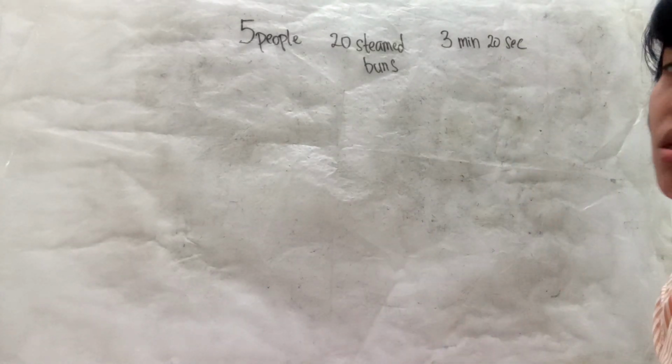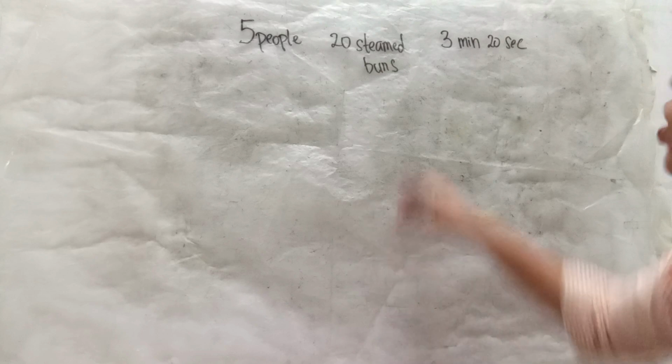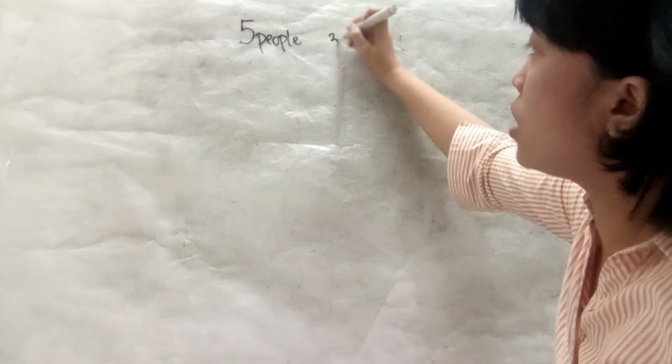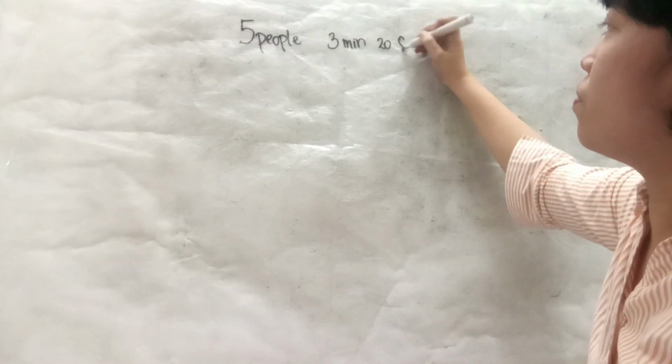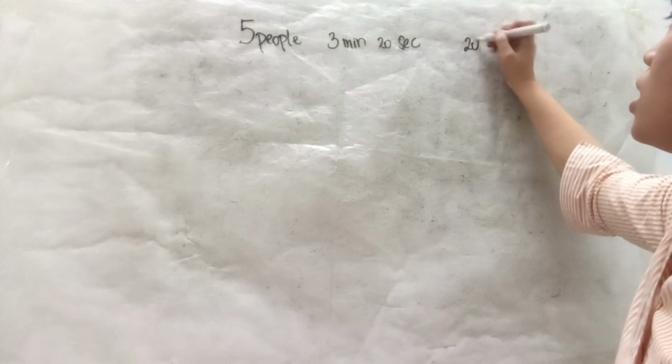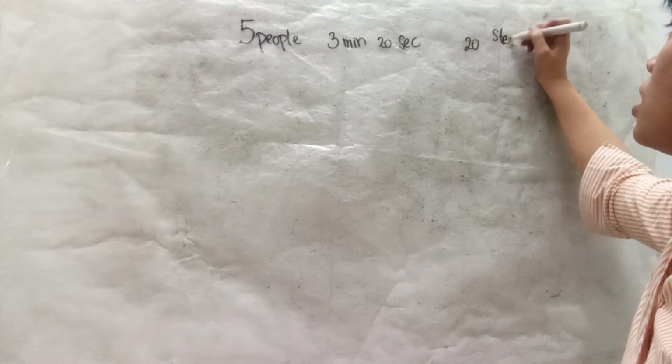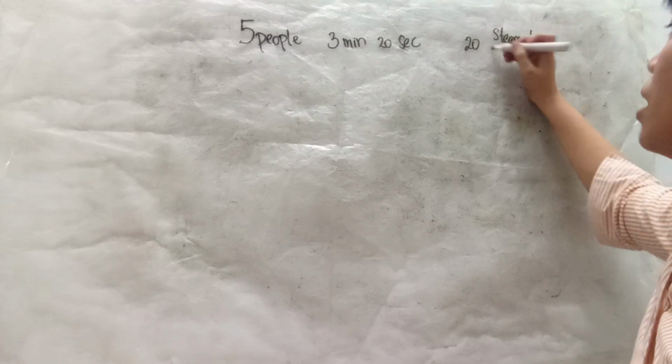Okay, let's change the position first because we want to find how many steam buns. So just change the time here. 3 minutes 20 seconds, 20 steam buns.